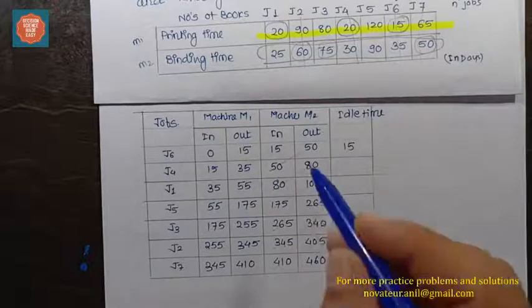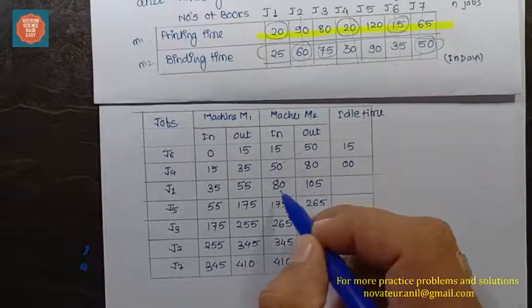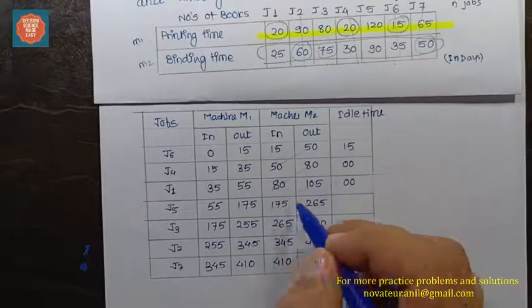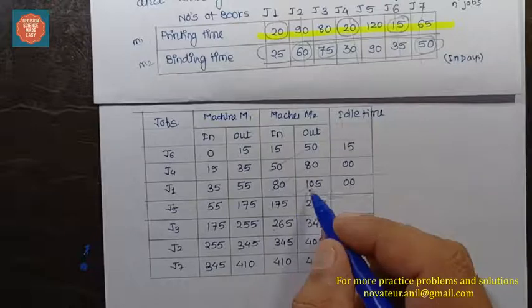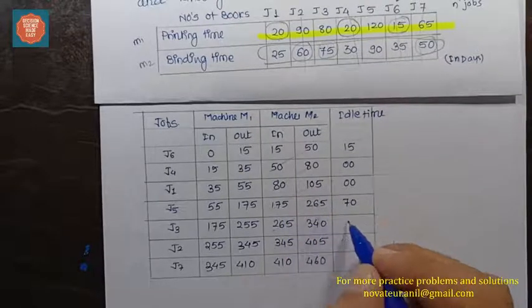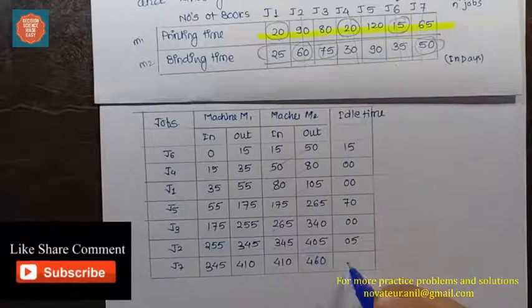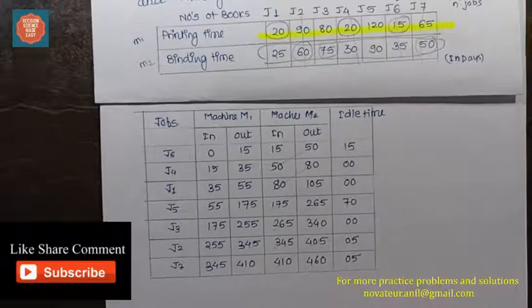So we need to find the difference and write down the difference here. So here no idle time, then 105, 175, so the difference is 70. Again here the difference is 5, here the difference is 5. So these are the values that we need to calculate.